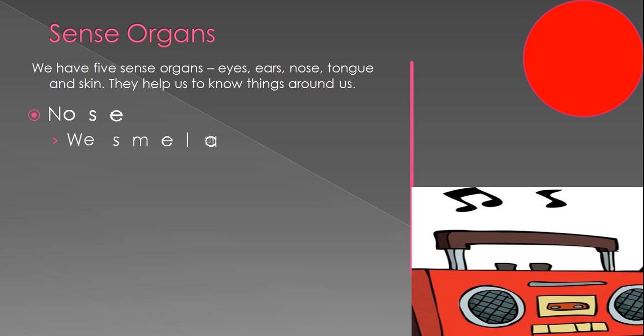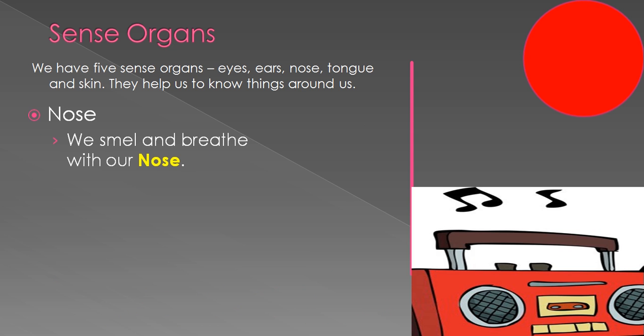Now the next one is the nose. We have five sense organs, and the next one is the nose. We smell and breathe with our nose. Now you are sitting, you are breathing.